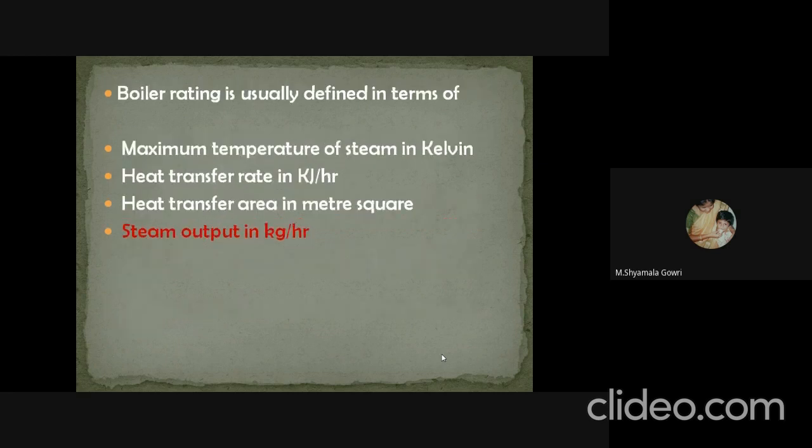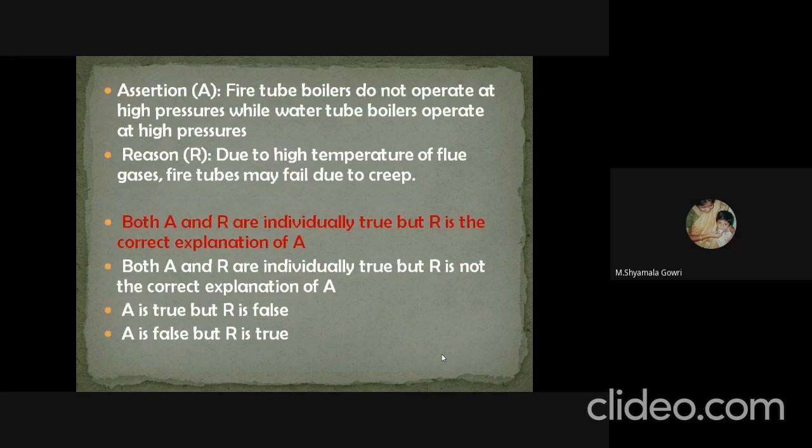The boiler rating is usually defined in terms of steam output in kg per hour. So we have two, assertion and reason. Assertion: fire tube boilers do not operate at high pressures while water tube boilers operate at high pressures.